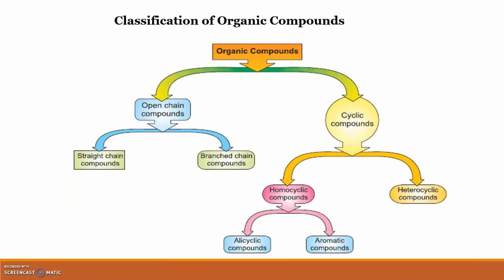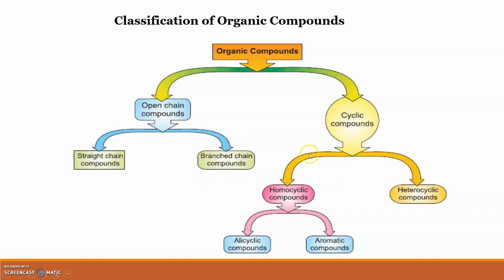What is the classification of organic compounds? Organic compounds are divided into two main groups. Number one is open chain compounds and second is cyclic compounds. Open chain compounds are divided into two subgroups: first, straight chain compounds, and second, branched chain compounds.